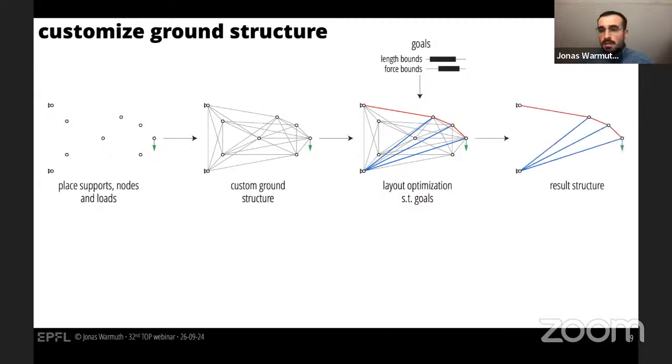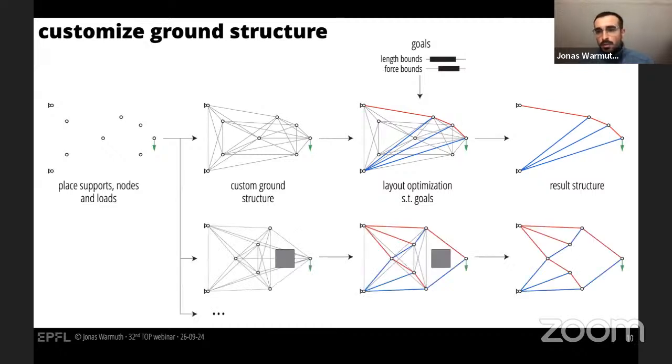In the end, we will get a structure that we wouldn't find with the conventional layout optimization approach that I've just shown you. When we remove or move or add nodes, we can come up with different solutions and different structures and different shapes, which is what we want.